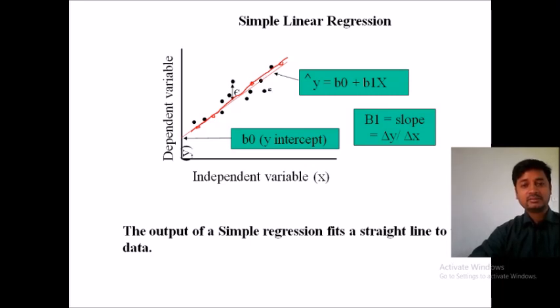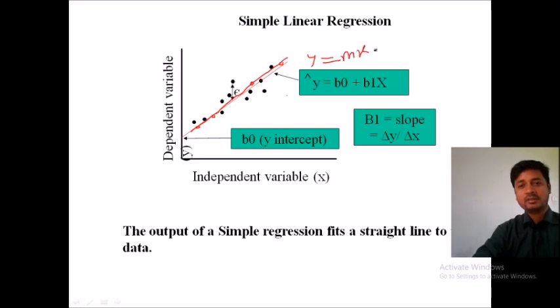So our model here is nothing but a line, and a generic equation of a line is y cap, y estimated, equal to b0 plus b1 x, as we have seen in coordinate geometry, y equals mx plus c.